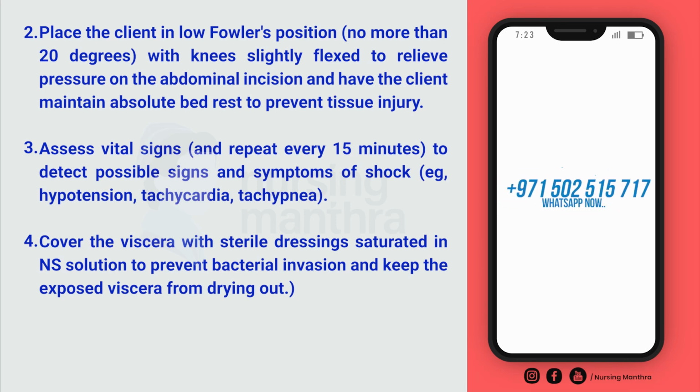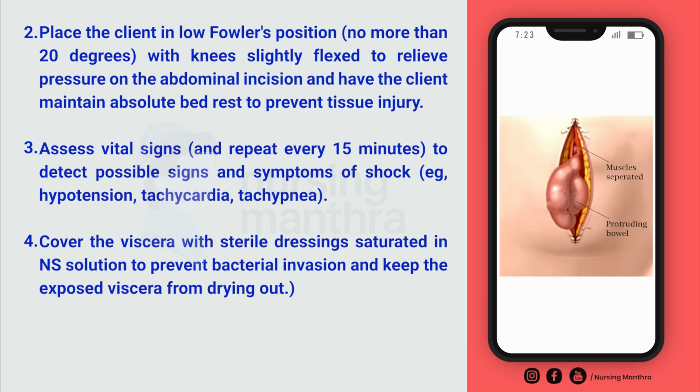Place the client in low Fowler's position, that means not more than 20-degree elevation, with the knees slightly flexed. This position helps relieve pressure on the abdominal incision. Have the client maintain absolute bed rest to prevent further tissue injury.